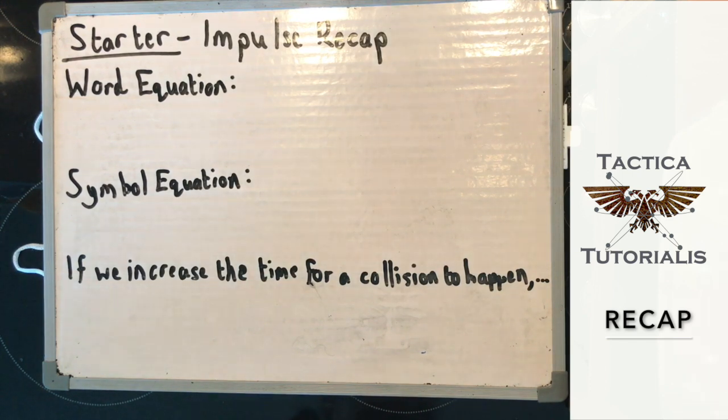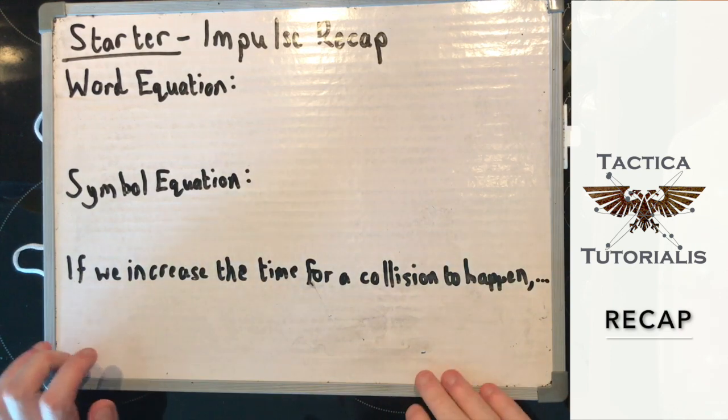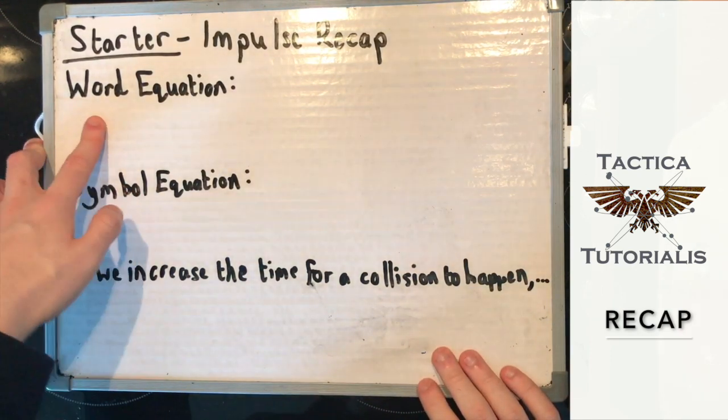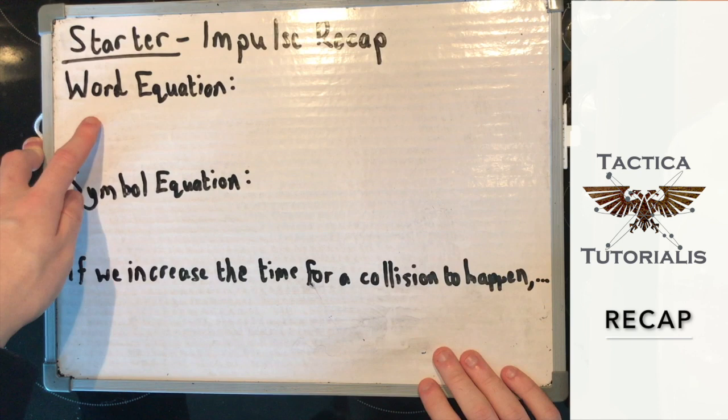So, to get us started off today, we need to just make sure we're all on the same page when it comes to impulse of a force, just to make sure that we know the basics before we get into the details today. If you need to go back and watch the previous lesson that I did on impulse of a force, in order to help you complete those exercises, please feel free to do so. But what I'd like you to do, pause the video, solutions in the description or in the Google Classroom post, is write the word equation that I gave you last lesson.